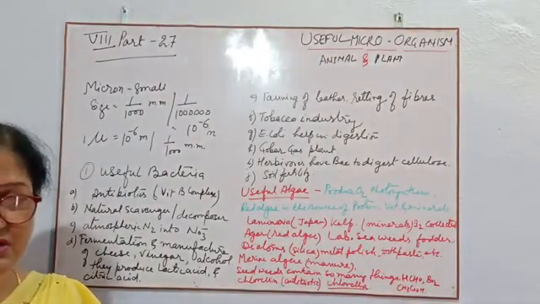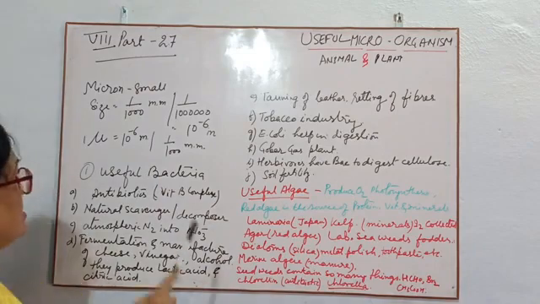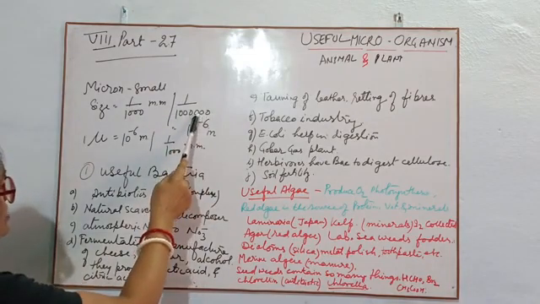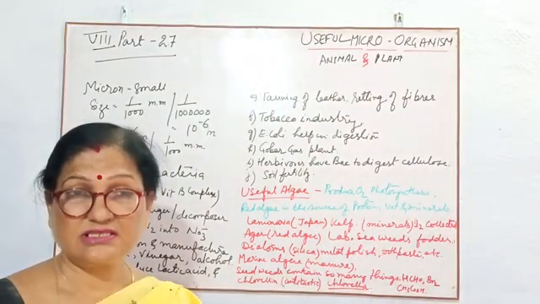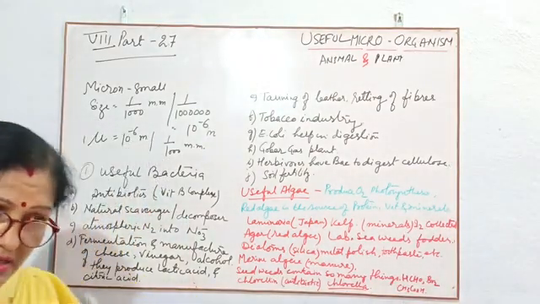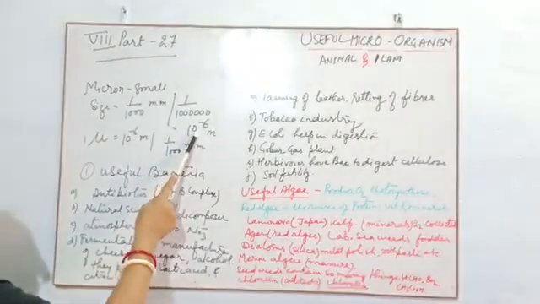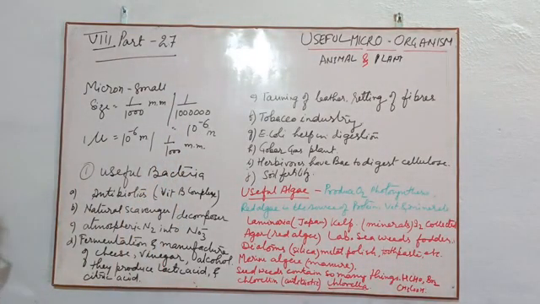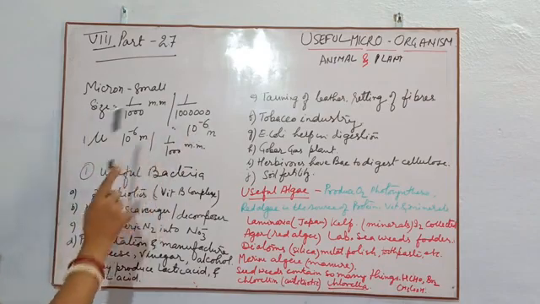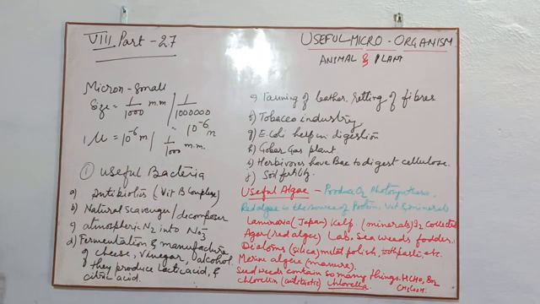If it is converted into meter, then 1 upon 1,000,000, that means 1 upon 10 to the power 6 meter, or 10 to the power minus 6 meter. So 1 micron is equal to 10 to the power minus 6 meter.